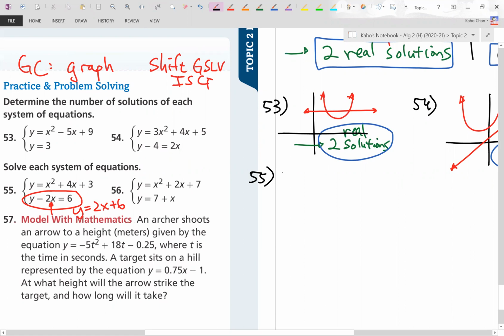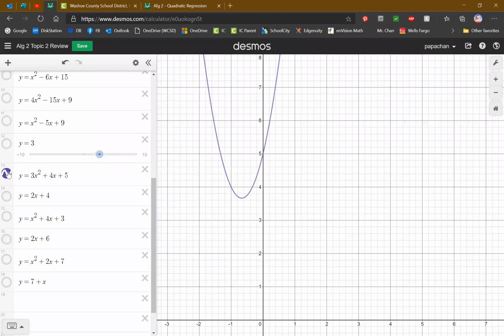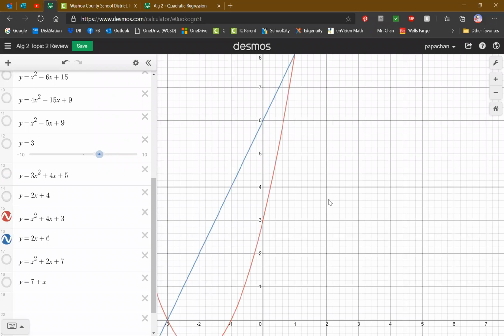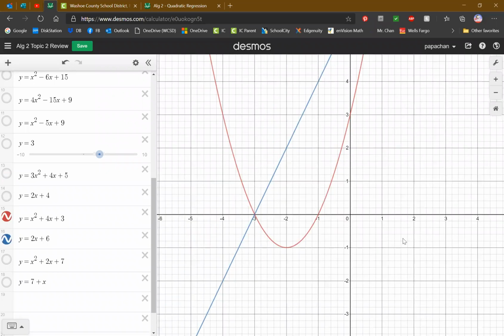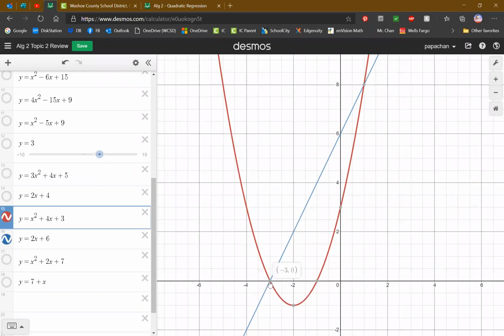The intersections will be -3, 0, and 1, 8. Those are the coordinates. Let me show you. There's 55. Parabola and that. There they are. Here's the first one, -3, 0, and the other one is 1, 8 right there.